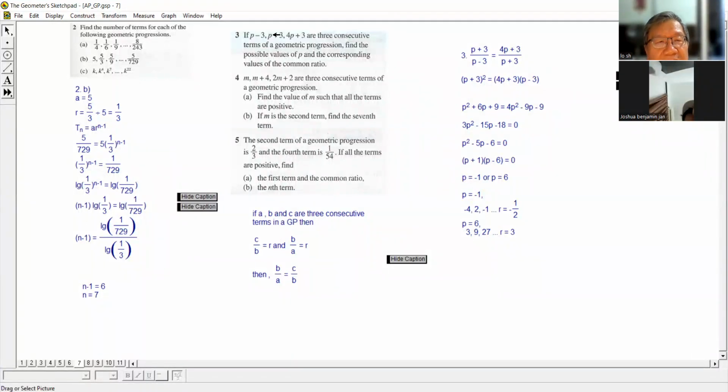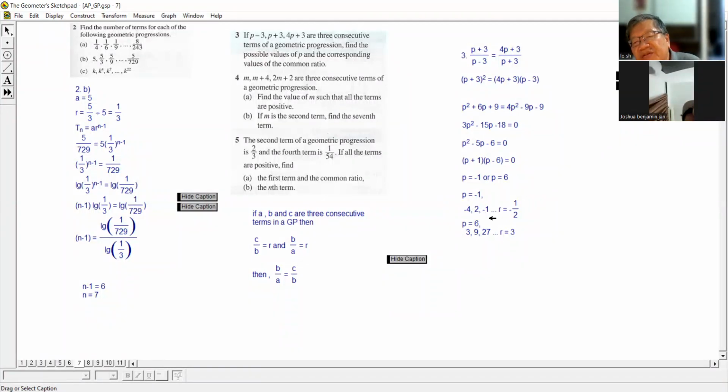Then I put here, -1 plus 3, which is 2. So I get 2 here. Then I put -4 plus 3, and I get -1 here. So when I take the value of P and put it back, they form a geometric sequence. The geometric sequence is like this.